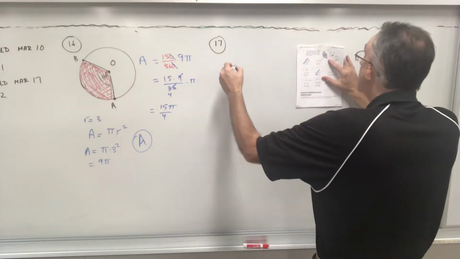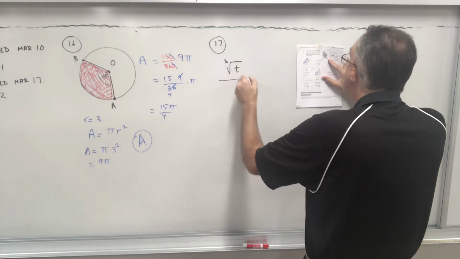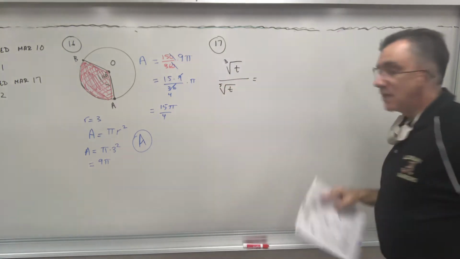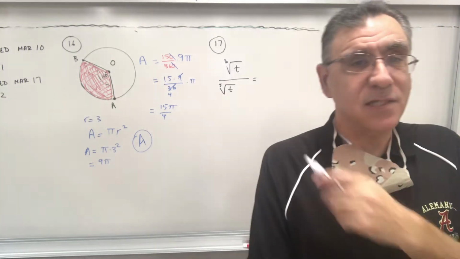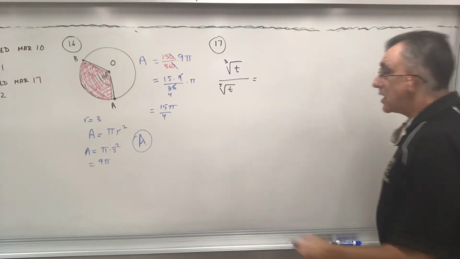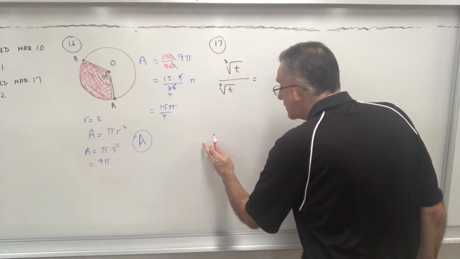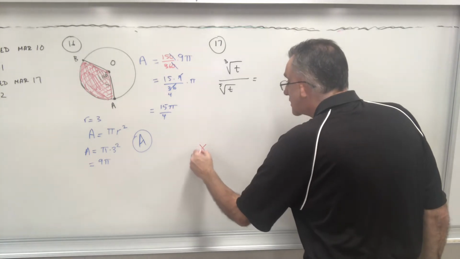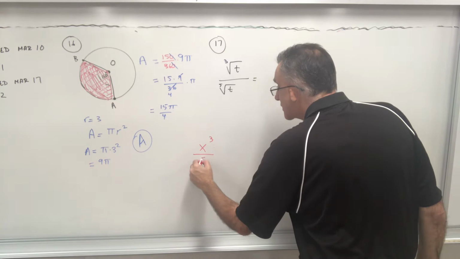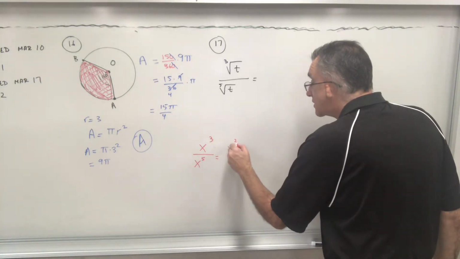So what they have here is the third root of t over the fifth root of t. Now let me digress. Okay, let's not answer that question. I don't know if I was being clear about what I was saying. If it were, well, let's use a different variable. Let's just use x. If it was x to the third divided by x to the fifth, we would all know that it's x to the 3 minus 5.